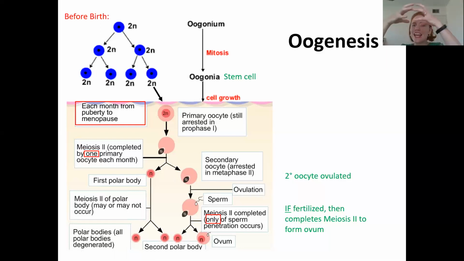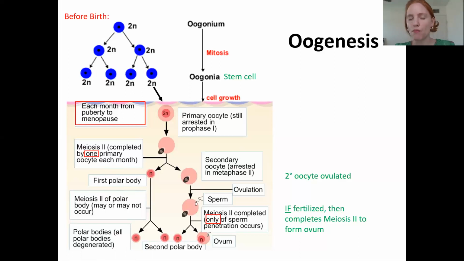So you get a big, beautiful secondary oocyte, nice and big and round and wonderful. And then you get a little dinky one. That little dinky one that's very small, kind of sickly, that is the polar body. And polar bodies are not viable. They cannot make any gametes from it.